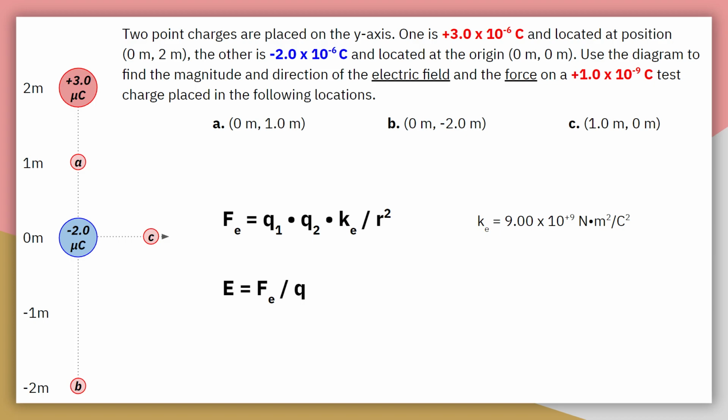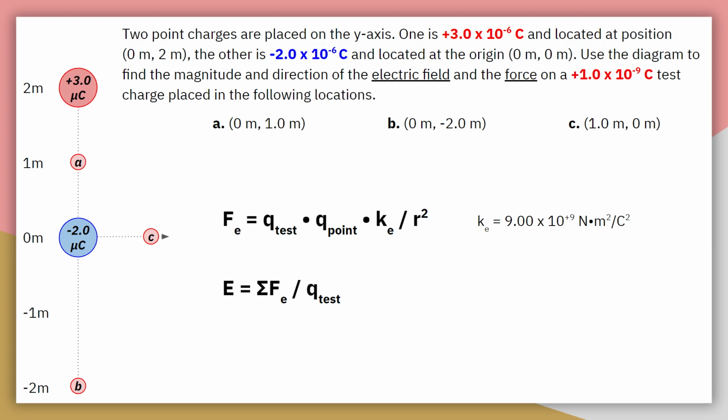Now for this problem, we have 2 separate point charges and a test charge that will be placed at 3 locations. Because we want to figure out the electric field and the force at those 3 locations, we're actually going to be setting it up this way. For Coulomb's law, we're going to be using, for every single calculation, the charge of the test charge, and we'll be multiplying that by either the positive point charge or the negative point charge, as well as the distance between them.